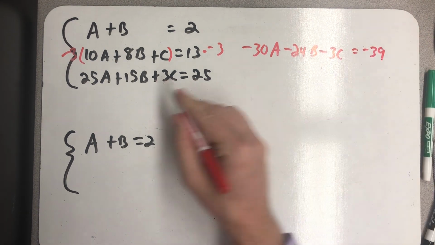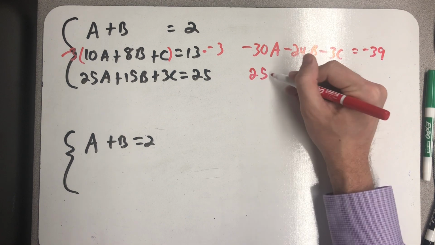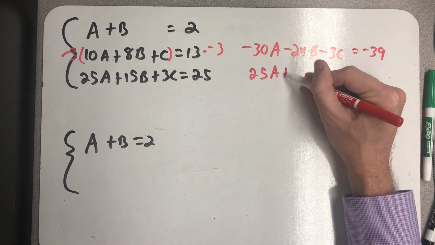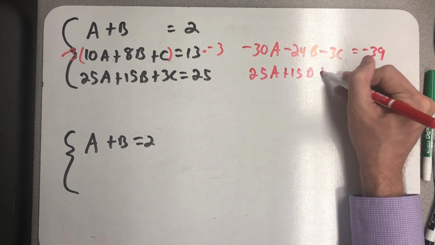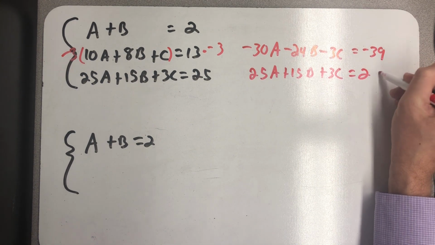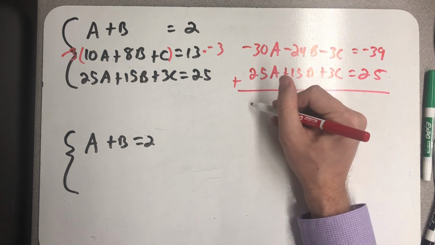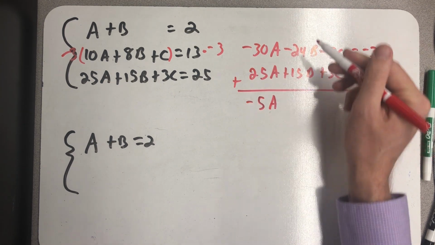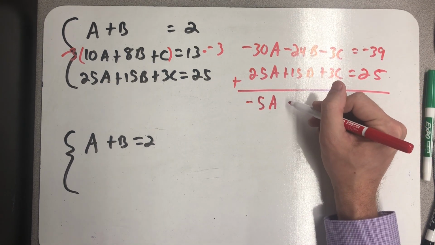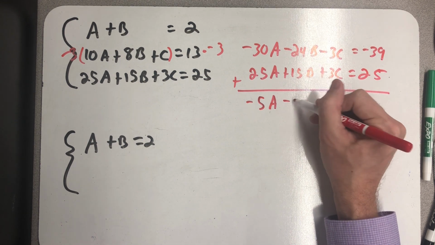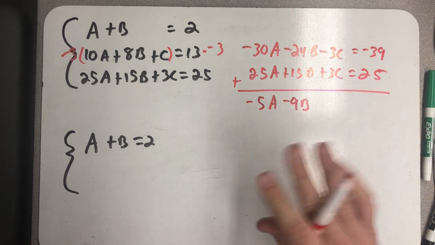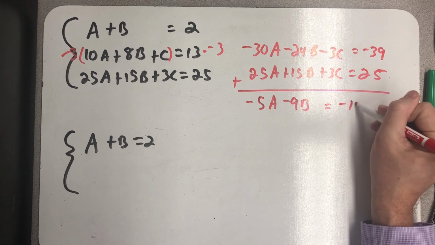I'm going to leave this equation alone and just rewrite it over here. Add the 2 equations. Minus 5a minus 9b, the c's canceled by design, is equal to minus 14.